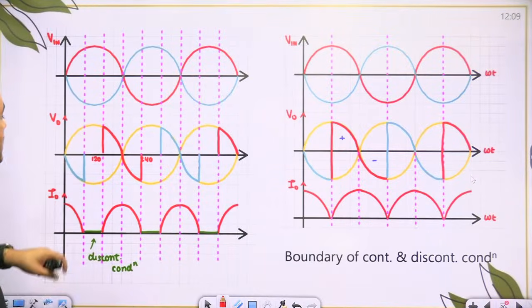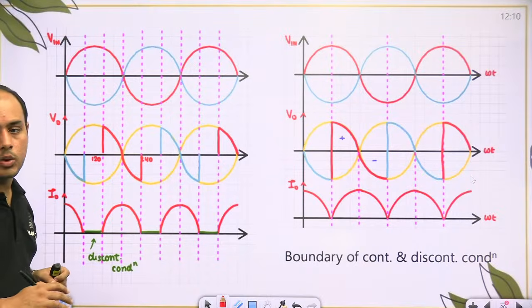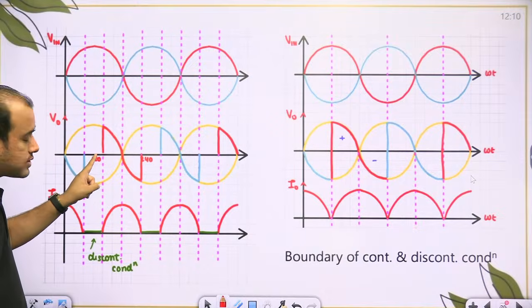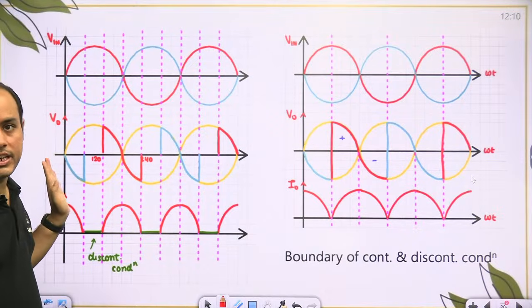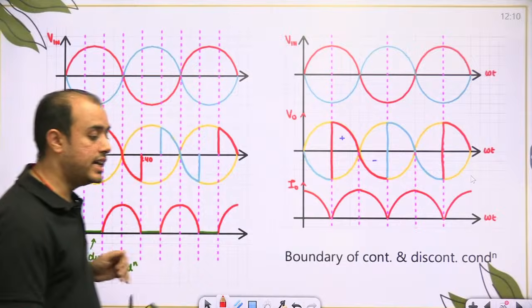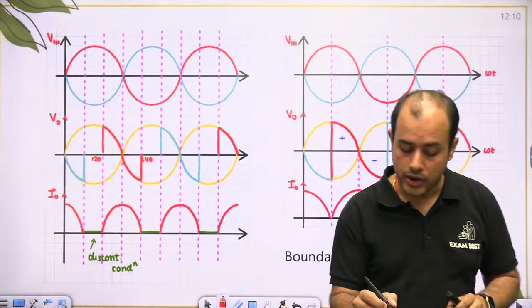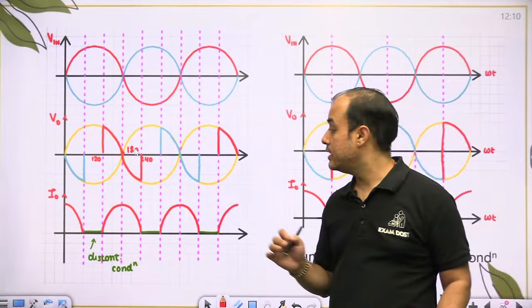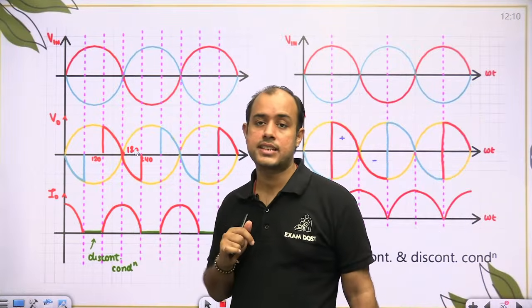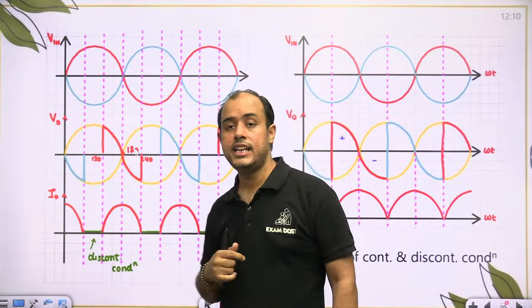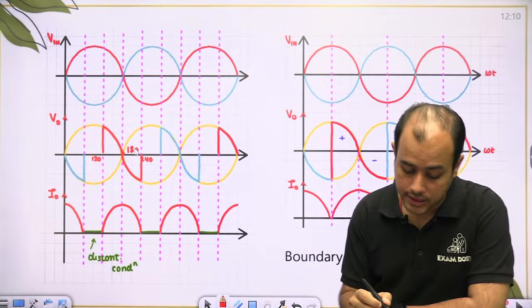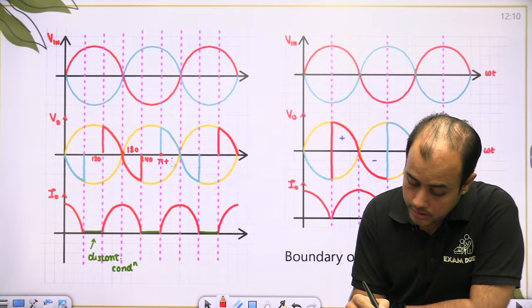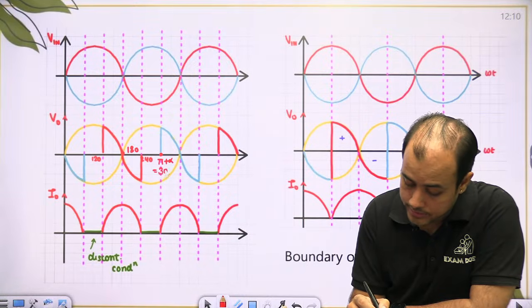Okay, see. Suppose I take alpha equal to 120. So first of all, at 120, T1, T2 will turn on. They will charge the inductor up to 180 degree. That is for 60 degree. For next 60, they will discharge. Now T3, T4 will conduct at pi plus alpha, that is 300 degree.